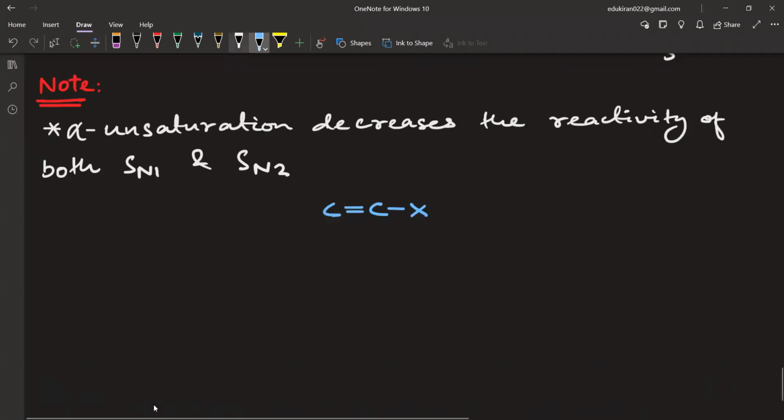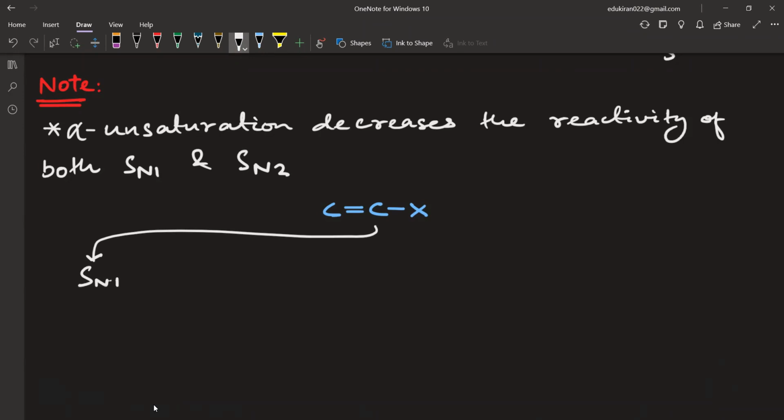What is happening here? Now see, if I talk about Sn1, let us say that it goes through Sn1. It will form a carbocation, C double bond C, and then X. So if X leaves, you will have carbon with a double bond carbon, and there will be a positive charge. Now this is unstable. Why?